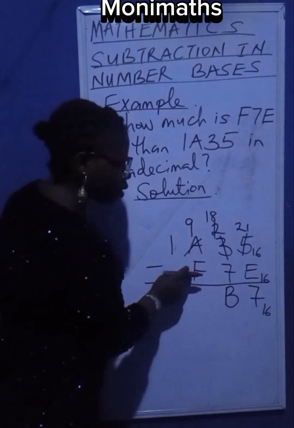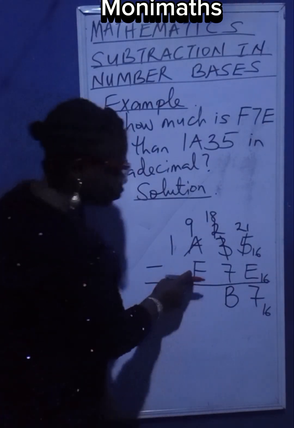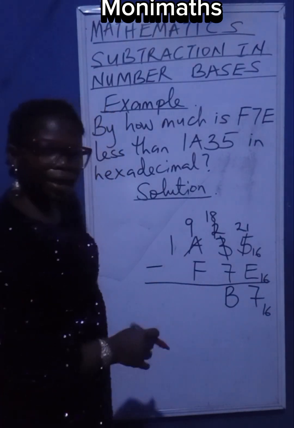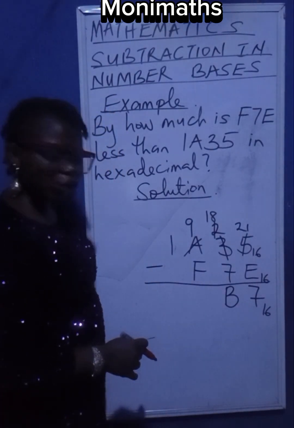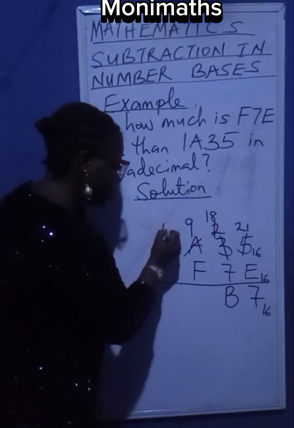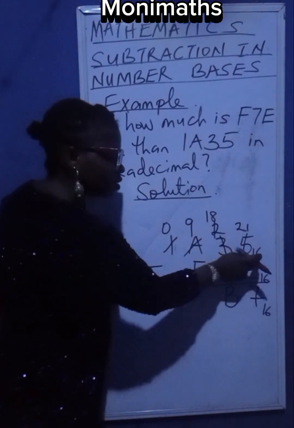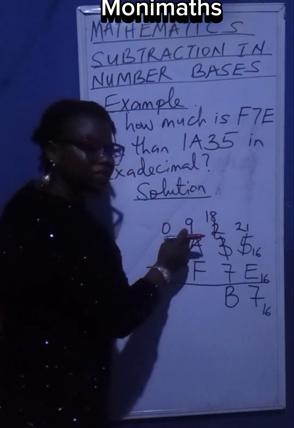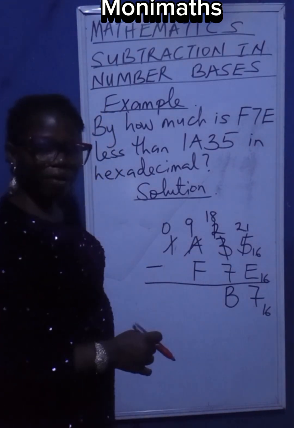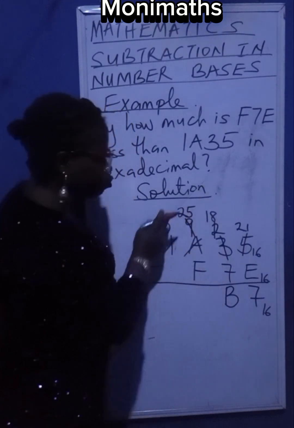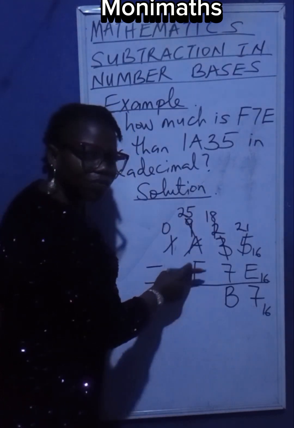9 minus F. F is 15. So 9 minus F. 9 is insufficient. We have to borrow 1 from here. So we are left with 0 here. That 1 we have borrowed is 16. 16 plus 9 is 25. So we have 25 minus 15.